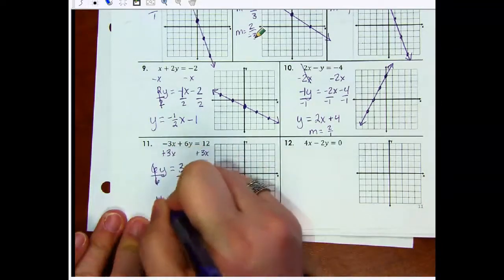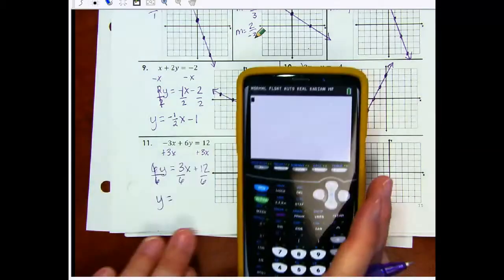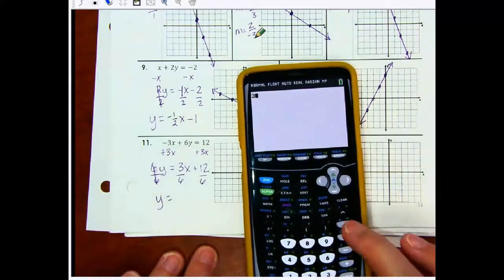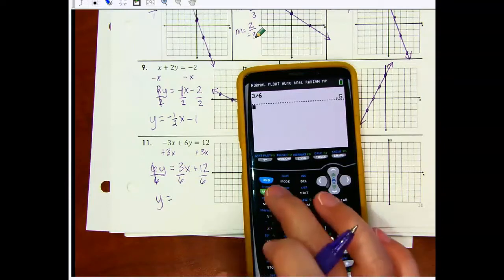Now, when you do that, your 3 divided by 6 gives you a decimal. Well, you don't want a decimal. Hold on, let me get a calculator. So you have 3 divided by 6. That's going to give you this decimal. Well, you don't want that. Your slope always needs to be a fraction or a whole number.